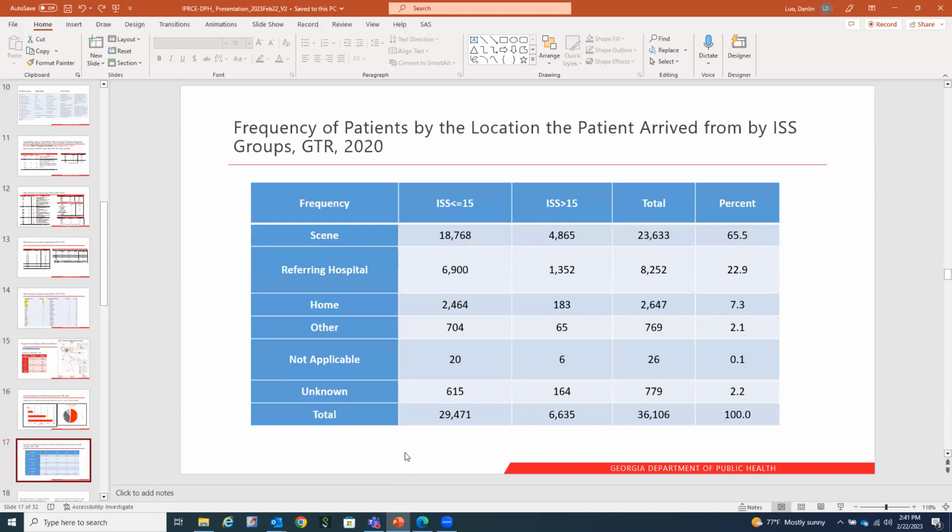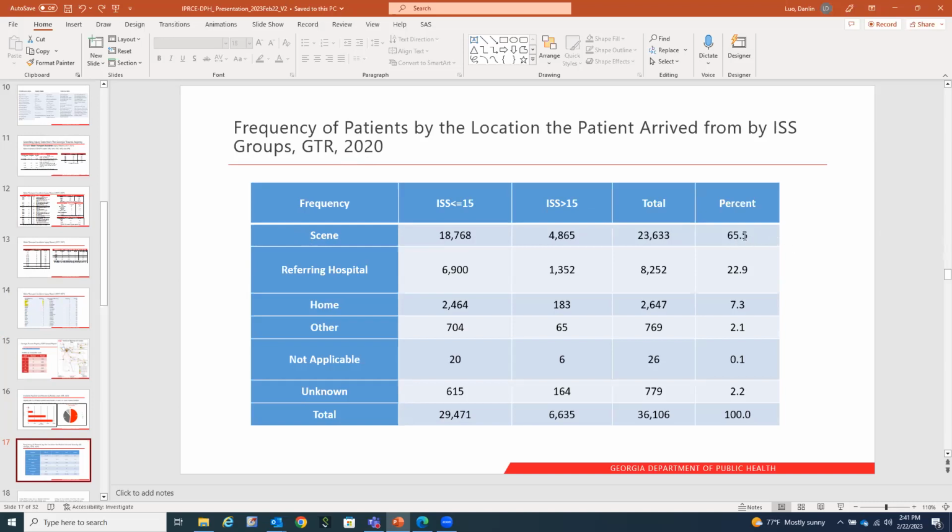This table shows the frequency of patients by the location the patient arrived from and by ISS. So this line shows the patient came directly from the scene.